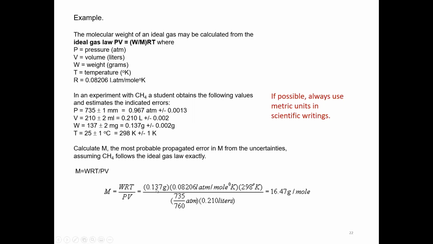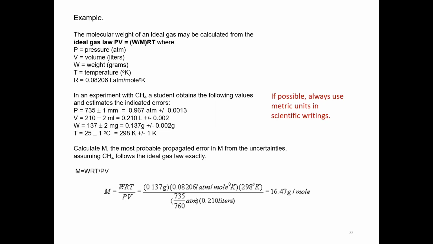I plug in the weight 0.137 here, the ideal gas constant, the temperature 298, and the pressure, that's 735, which is basically 0.967 atm, and then the volume of the gas, 0.21. So I got 16.47 grams per mole. That's the mean of the molecular weight.